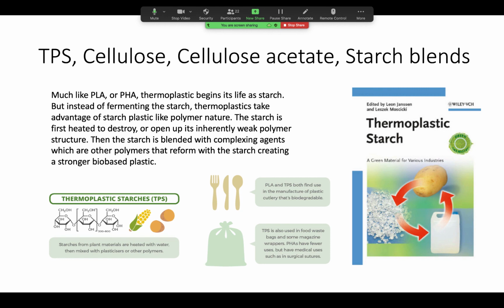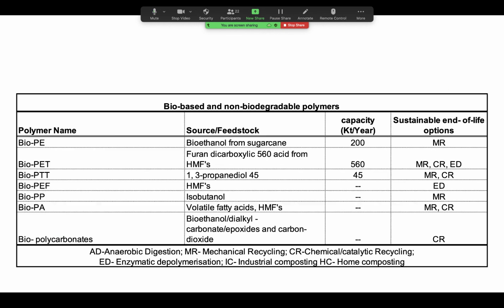And cellophane, also made from cellulose, is one of those biopolymers that was an older material, but biodegradable. Moving on, back to the same publication, it gave the table of these bio-based but not biodegradable polymers. Now these mostly need to be recycled, or chemically recycled, breaking down to monomers and whatnot.